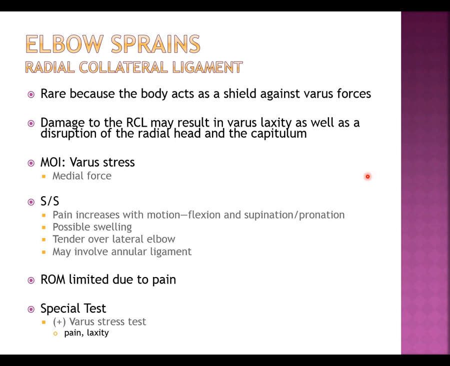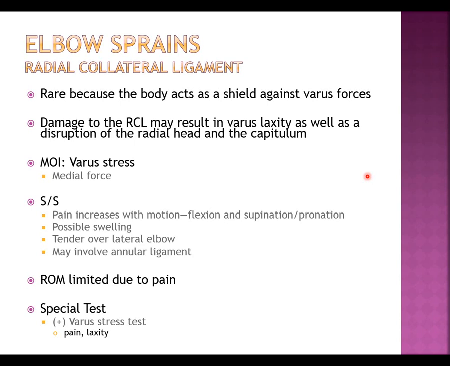Just like with the UCL, you're going to have pain with motion. In this case, we not only have pain with flexion and possible extension, but also pain with supination and pronation because the radial head does supination and pronation. Point tenderness over the lateral elbow, over that lateral epicondyle where the RCL actually is, probably swelling in the area, and you may have some pain or problems with the annular ligament because the RCL actually inserts into the annular ligament.